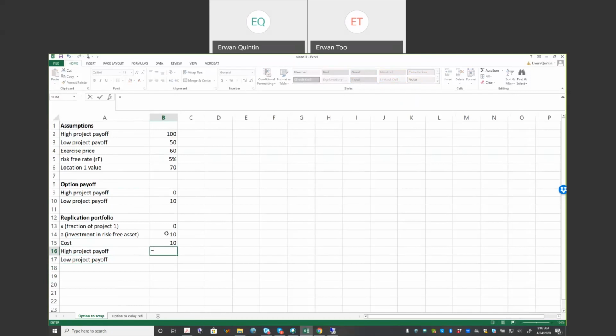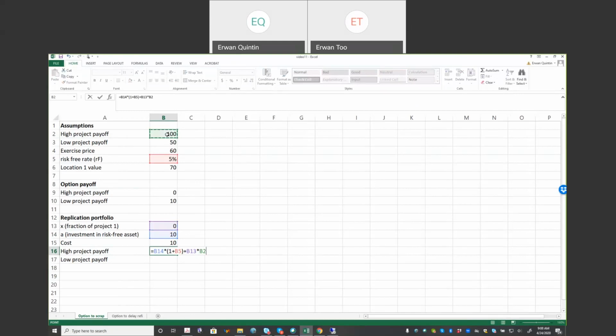Okay, so part of this is easy. I invested 10 million at the risk-free rate. This is going to give me my risk-free payoff. So it's always going to be A times 1 plus RF. That's what it means to be risk-free. And then I also have my fraction X. And of course, if the project is worth a lot of money, I'm going to get X times 100.